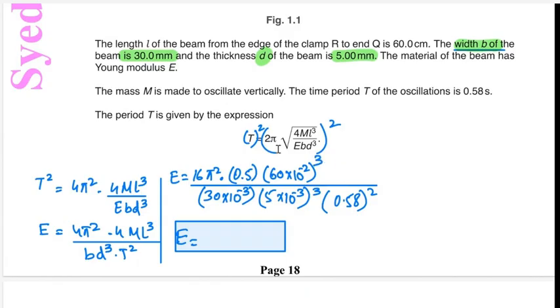So you need to be very careful while plugging in these values. 16 pi squared, 0.5, 60 to the power of minus 2, 30 times 10 to the power of minus 3, 5 times 10 to the power of minus 3.